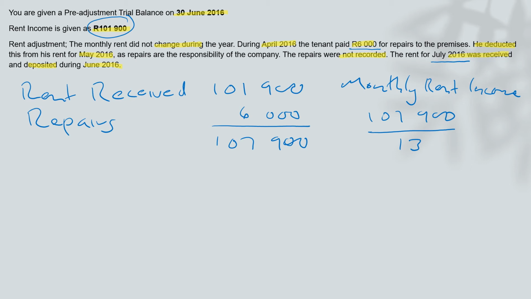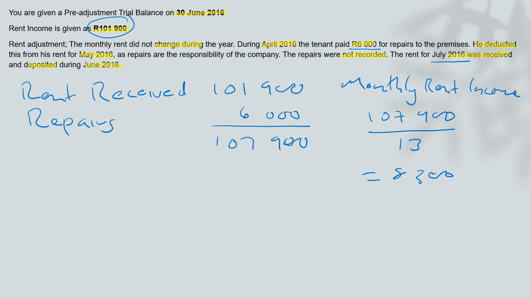Remember our year ends on 30 June, but we received the July rent, so that gives 13 months. If you divide 107,900 by 13, you get 8,300. That's the monthly rental income that we're receiving.